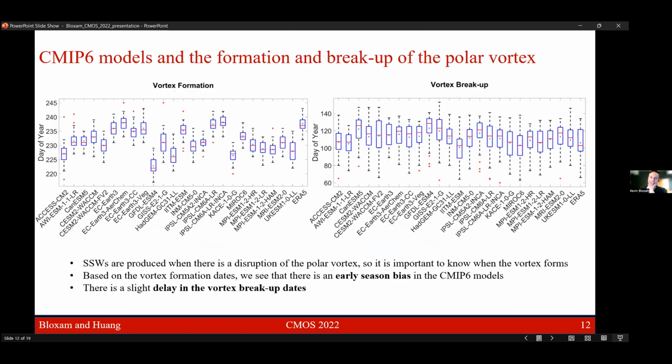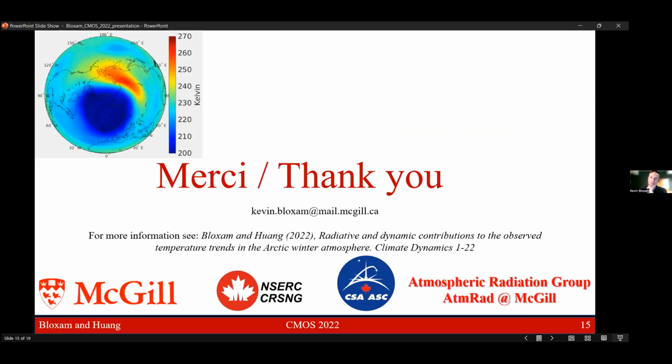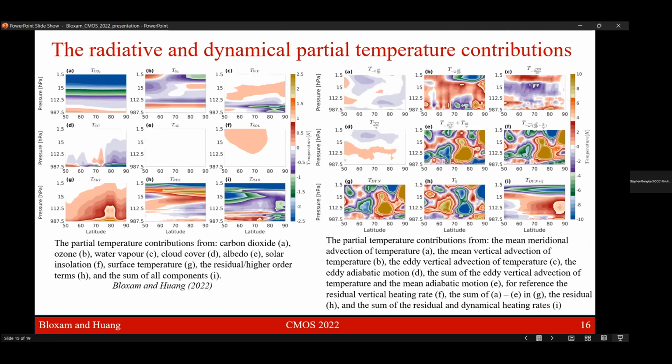So I've broken this up before in terms of the partial temperature contributions. Here, this is looking at ozone over that period, and it's actually not as important as I assumed it would have been. A little bit more important for this 1980 to 2019 period, but it was actually not as strong compared to CO2.